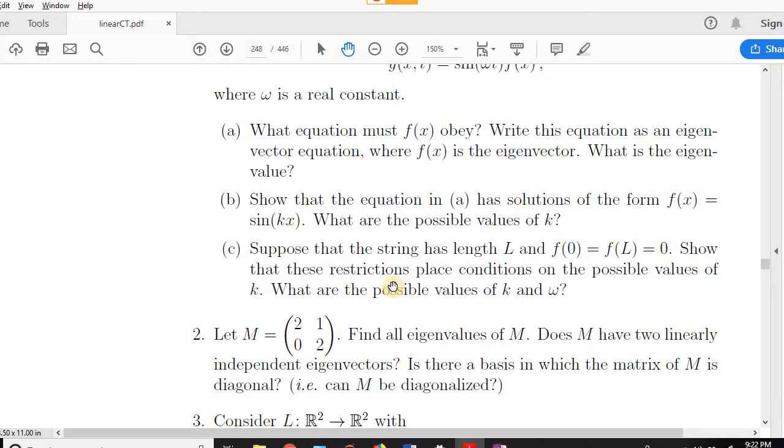Certainly if you multiply the sine of x by 2, you still get a solution. So those are not the only solutions. When answering questions, don't try to do more than it asks for.